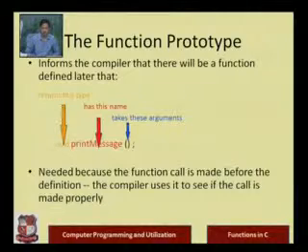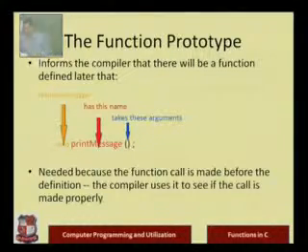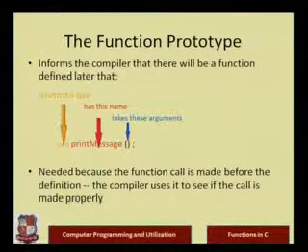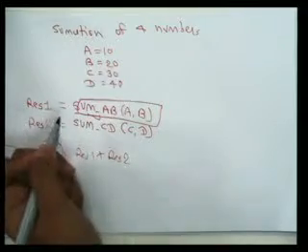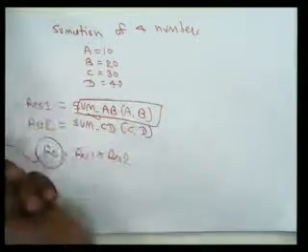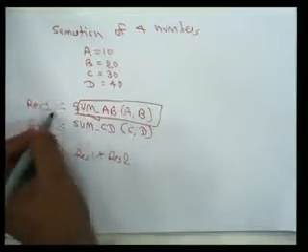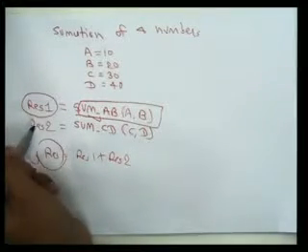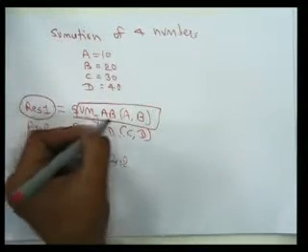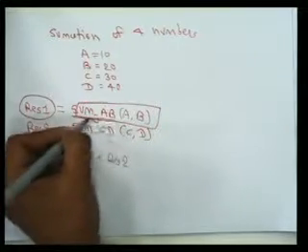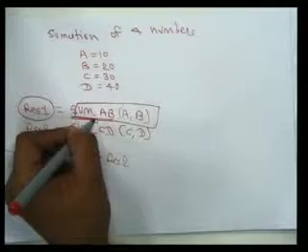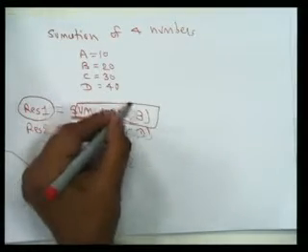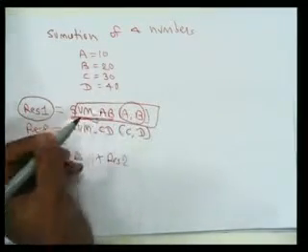For example, if I am doing the summation of two numbers with this function, the sum_ab function will return some integer value that is stored in result a. So in that case, I can say the return type for the sum_ab function will be integer, because it returns the summation of two numbers, and that is again an integer value.